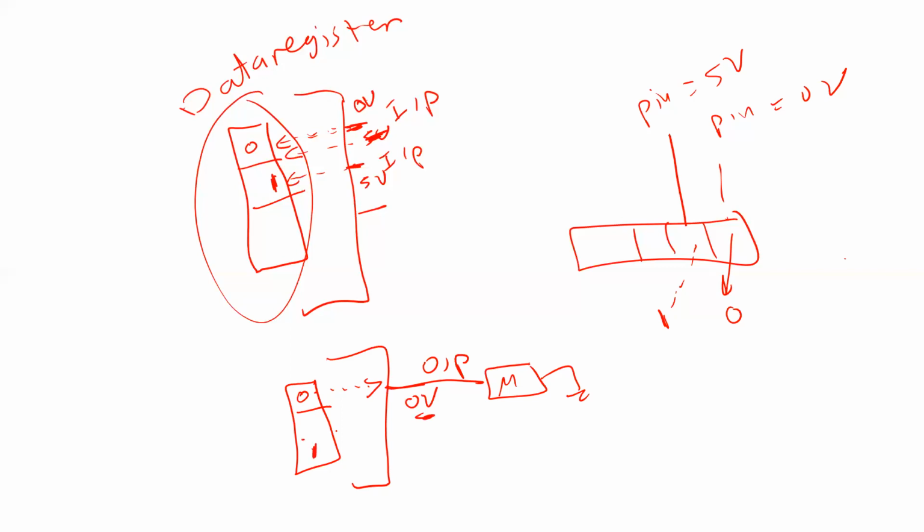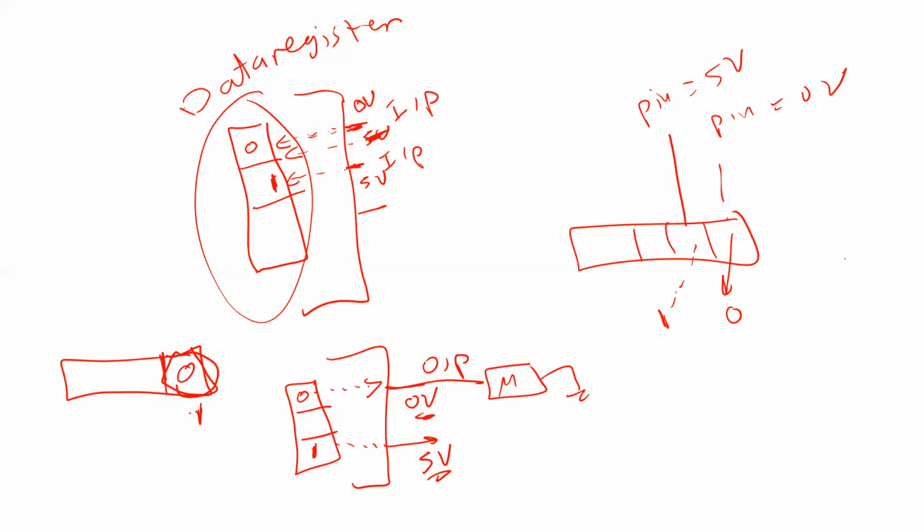If I put logic 1, this pin is going to become 5 volt. So if you want to change the voltage on one pin from 0 to 5, or 5 to 0, we have a register, and every pin has a bit here. If you write 0 in this bit, you actually put 0 volt on the pin. If you write 1, you actually put 5 volt on the pin. Is that okay?